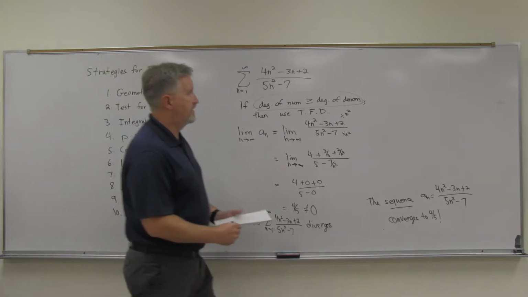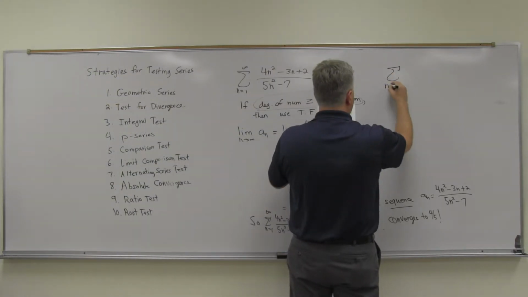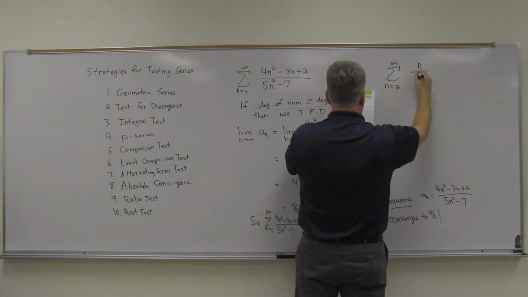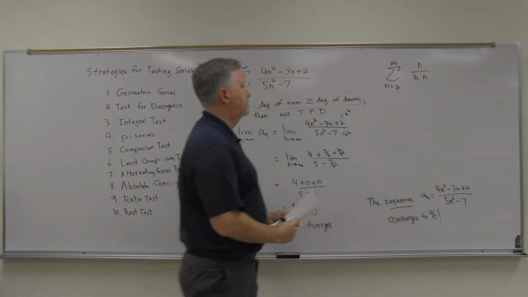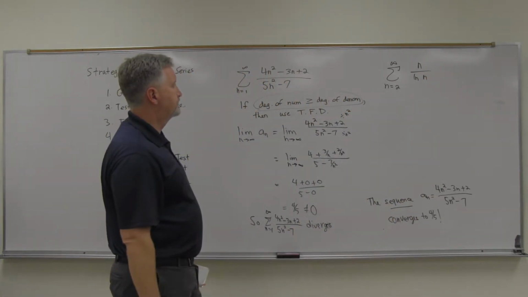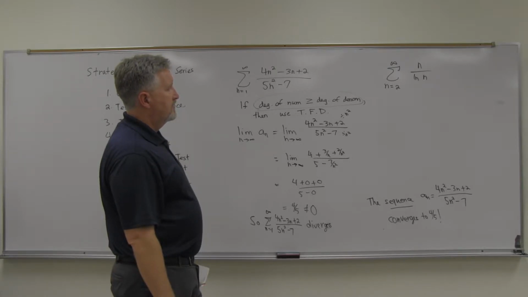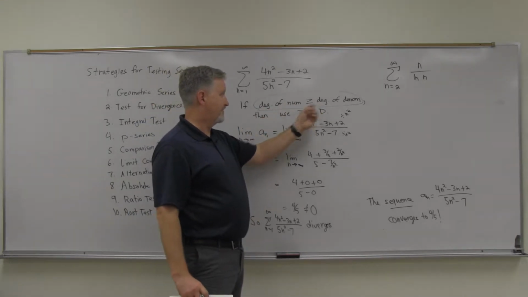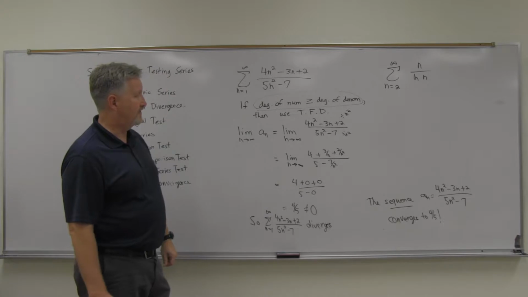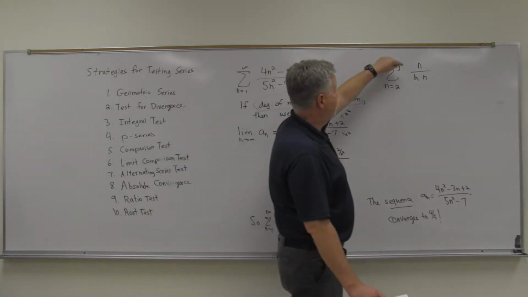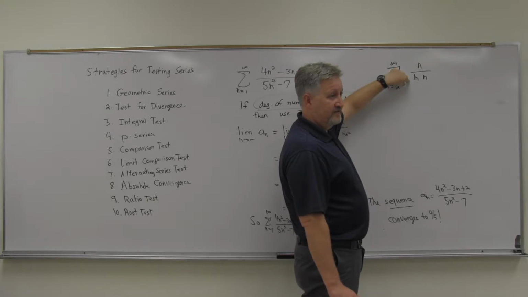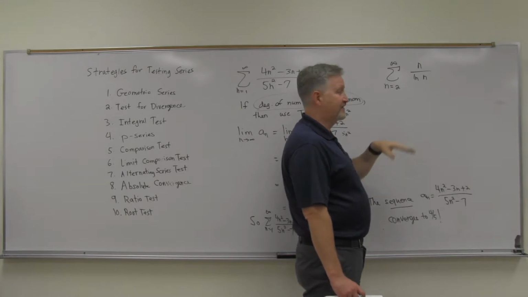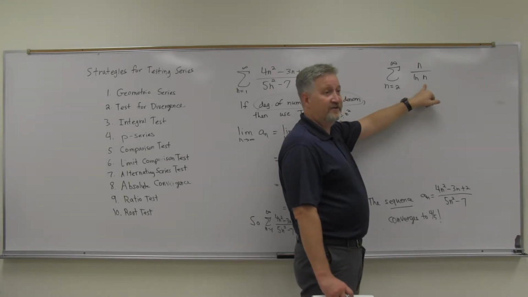That may not be so obvious, but this one starts at 2 to infinity, so you can't use 1. It's not exactly specified that the degree is greater than or equal to, but if you think about it, you've got n, and then you've got ln of n. So I've kind of taken n down a little bit, haven't I? Because I take the natural log of it. You see what I'm saying?